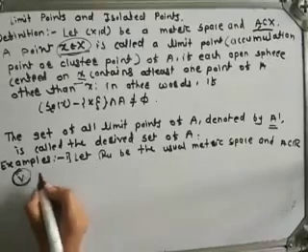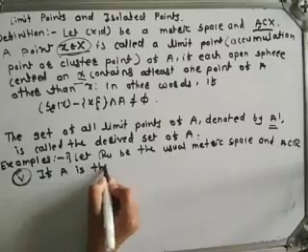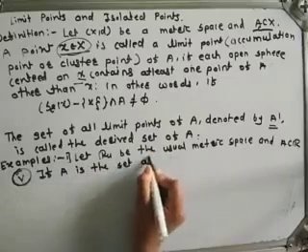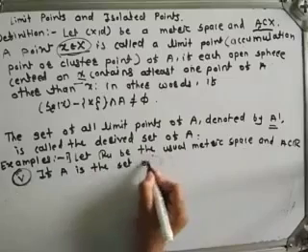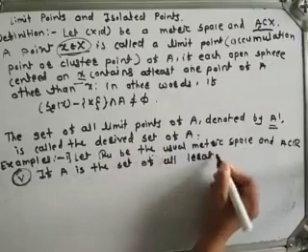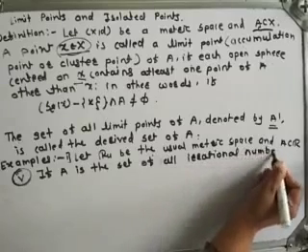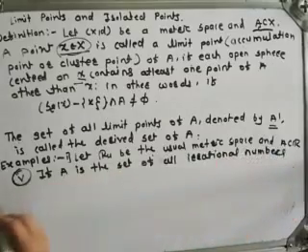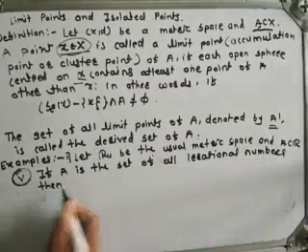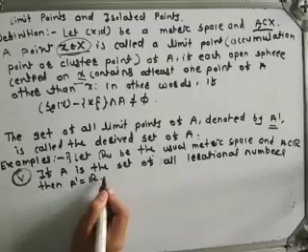Fifth example: if A is the set of all irrational numbers, then the limit point of A is equal to R. Why?